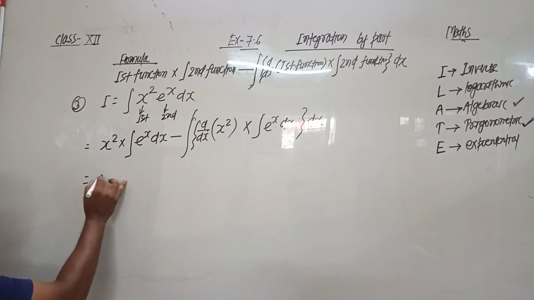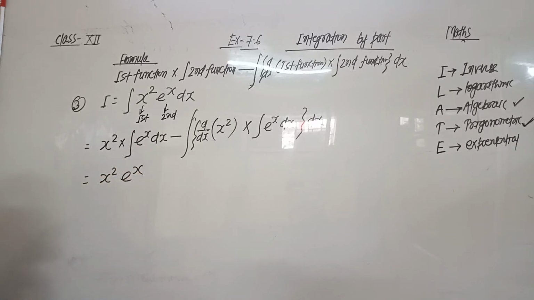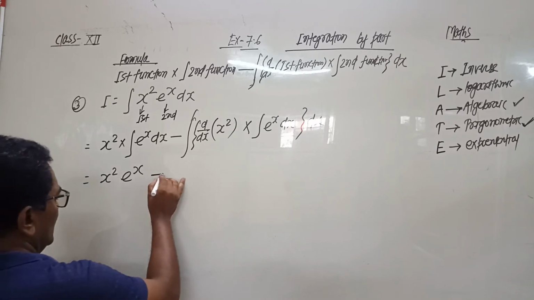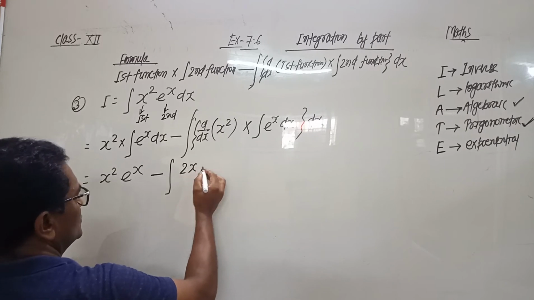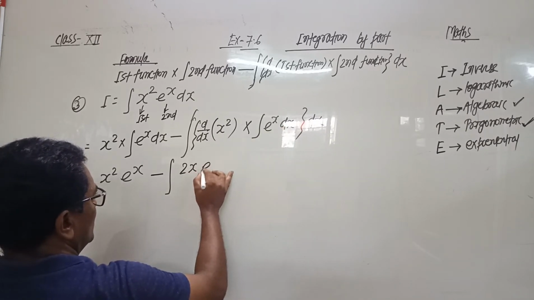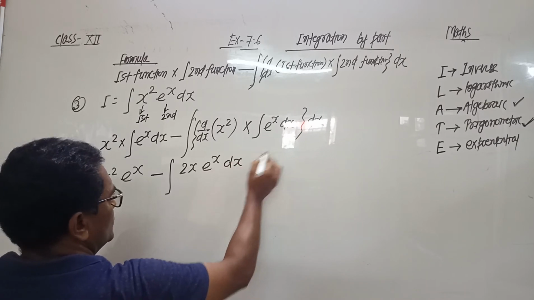Then x square, integration of e raised to the power x is e raised to the power x, minus integration. Differentiation of x square is 2x and integration of e raised to the power x is e raised to the power x into dx.